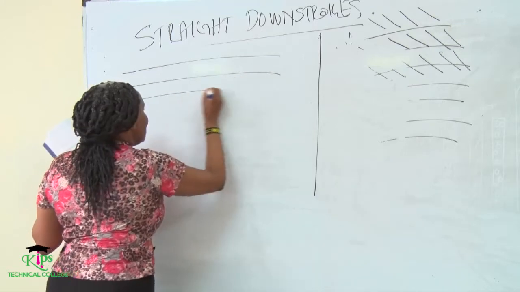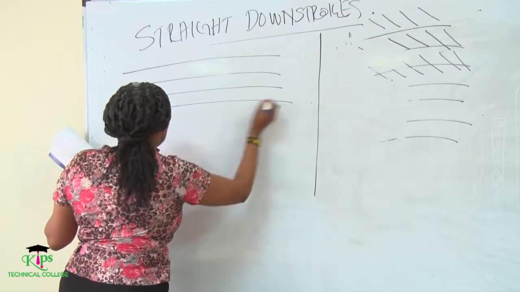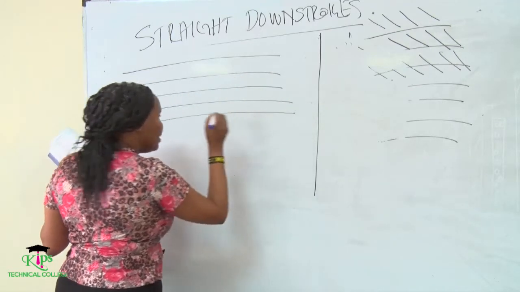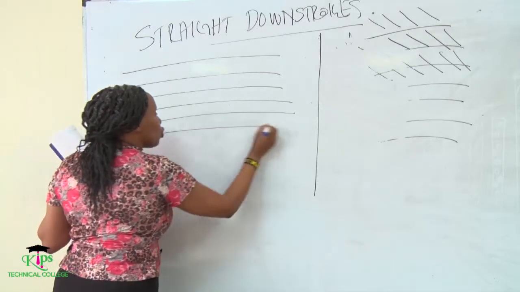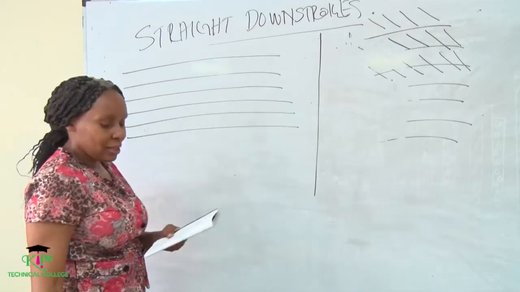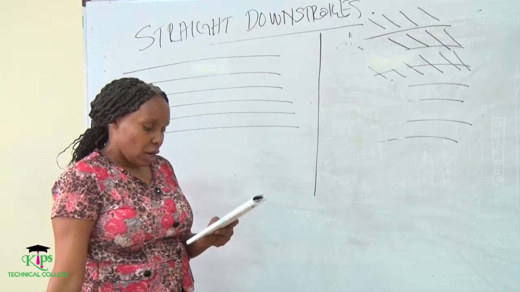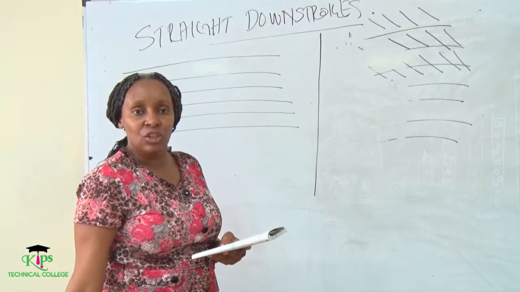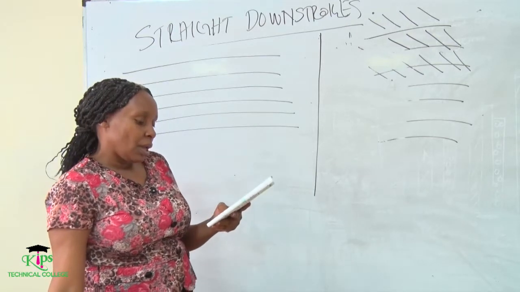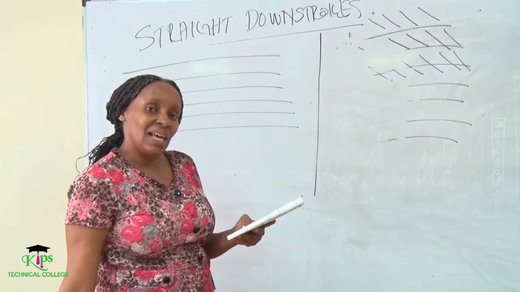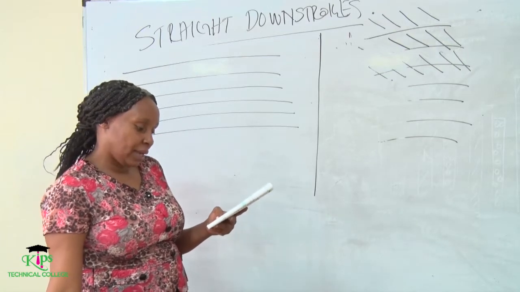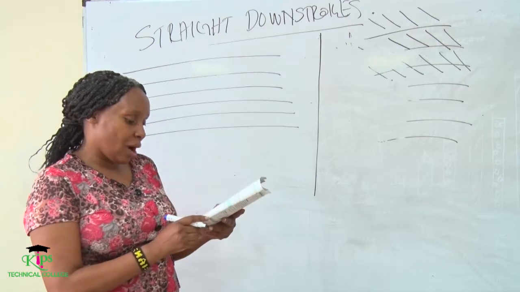P, B, T, D, J. So you can join consonants. We say consonants are normally joined without lifting the pencil, as in longhand.